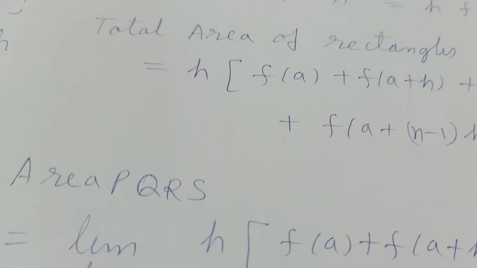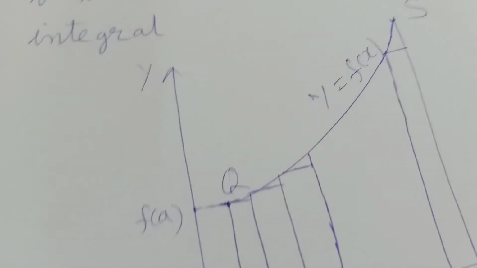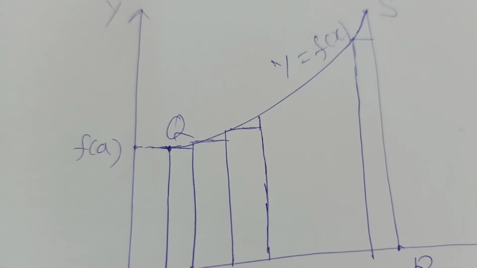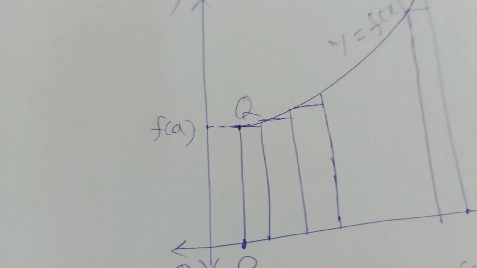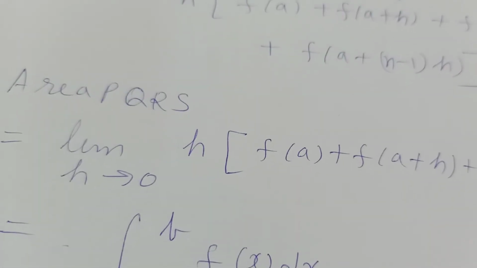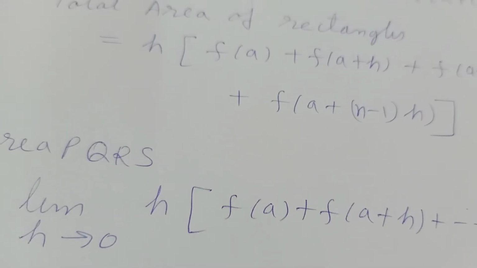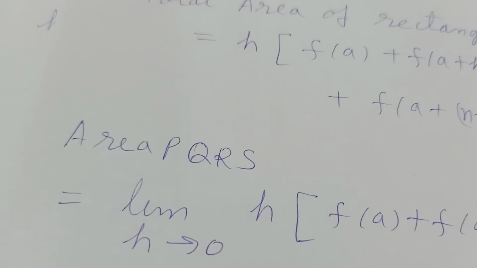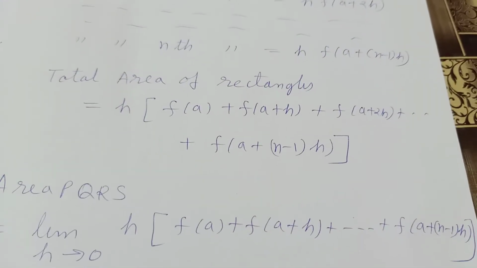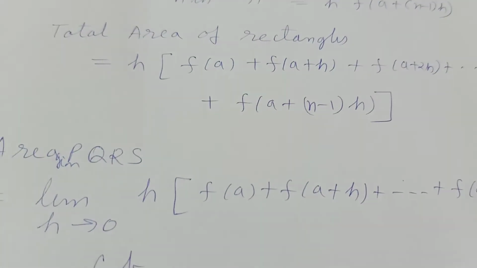Now, the area of PQRS. You see, some area is left if we find simply the sum of the areas of rectangles. So we keep h as small as possible, so we take the limit as h tends to 0. If we take the limit as h tends to 0 for this sum of rectangles, then it will be equal to the area of region PQRS.